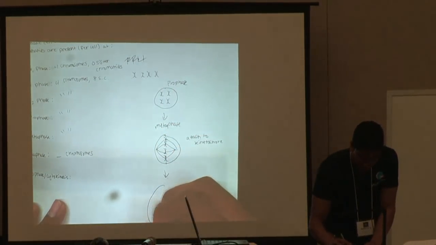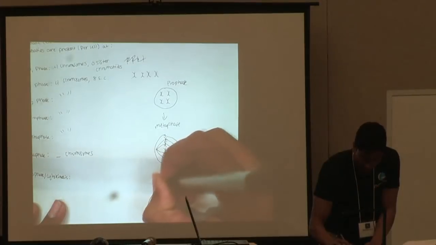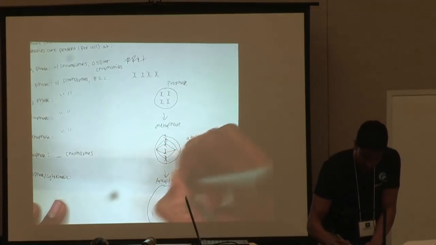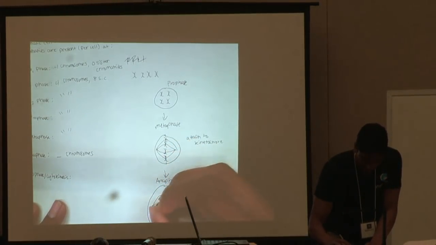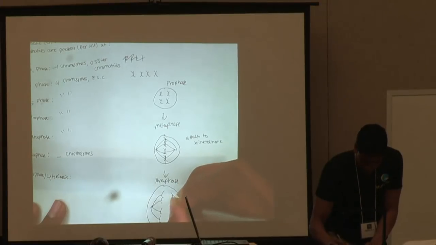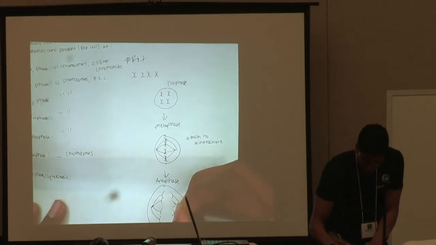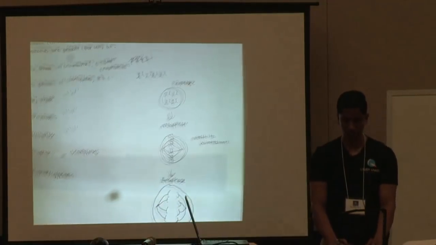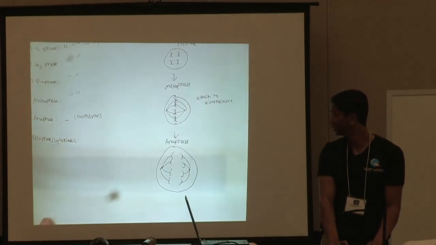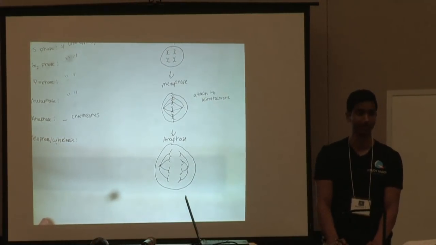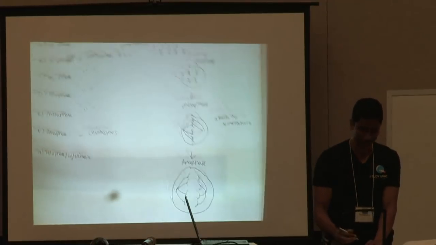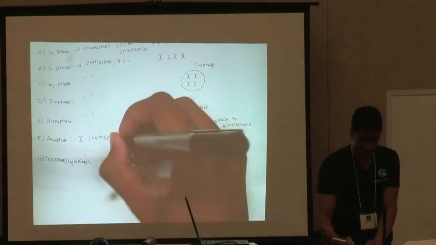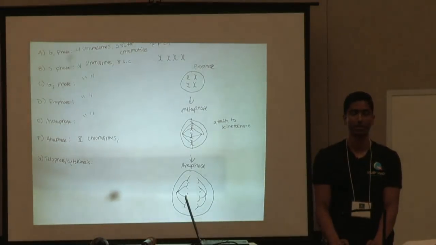So then in anaphase, they get pulled apart. So now we're at anaphase. So now looking at this, is this 4 or 8? 8. How many sister chromatids? None.